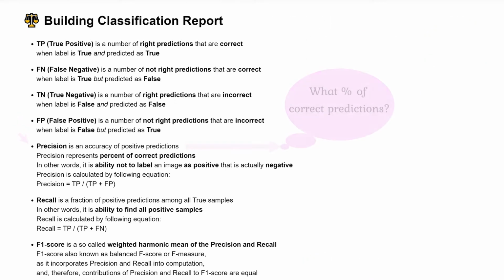Precision answers the following question: what percent of the predictions did the model identify as correct? In other words, it shows the ability of the model not to label an image as positive that is actually negative. Precision is defined as the ratio of true positives to the sum of true positives and false positives.